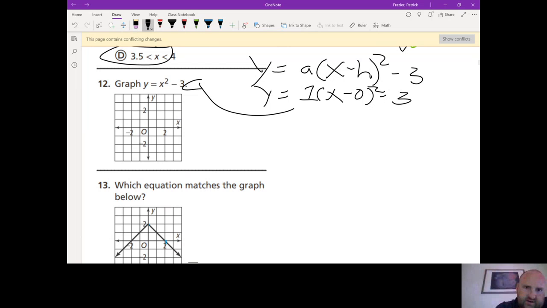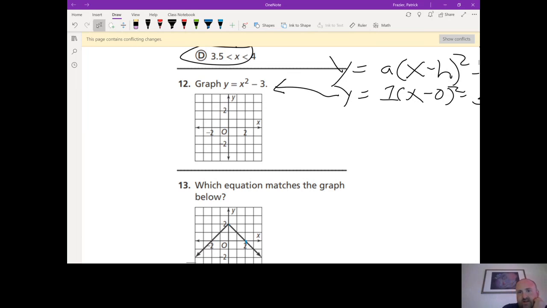Which is really just the same thing as y equals x squared minus 3. And so to see y, let's do the parent function, x squared. The parent function of this is x squared, which should look like a U shape. And we have 0, 0 times 0 is 0, negative 1, positive 1, negative 2, positive 2.